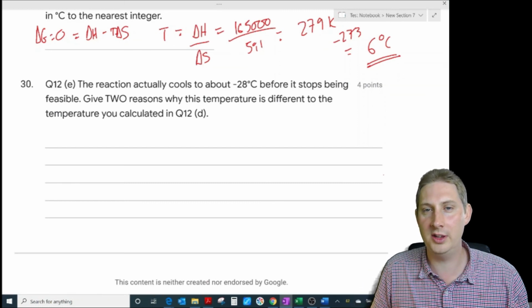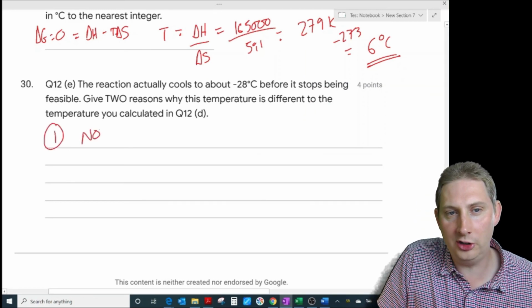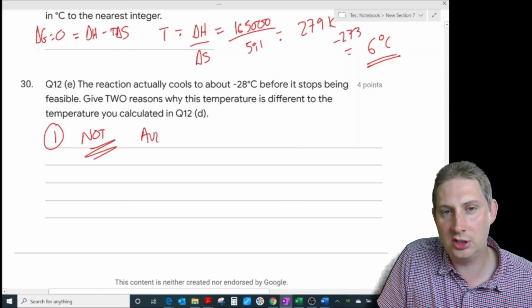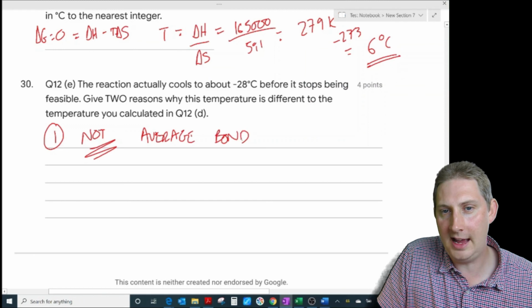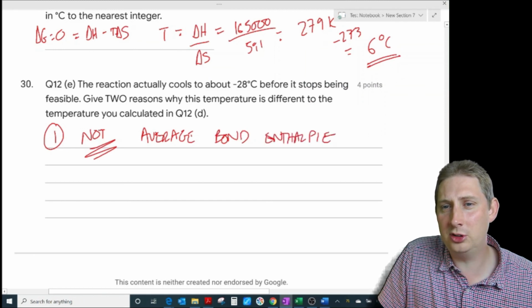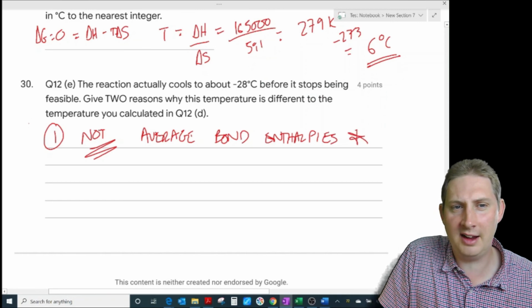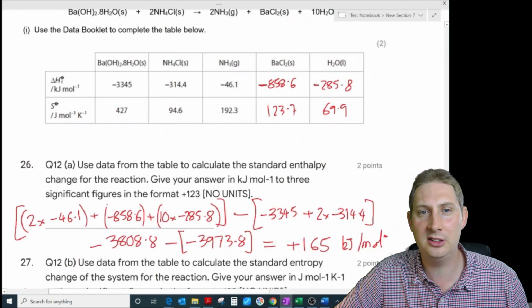Give two reasons why this temperature is different to the temperature you calculated in there. Right, number one, not average bond enthalpies. Loads of people were talking about the fact that the bond enthalpies are average numbers. They're not. These are enthalpies of formation.